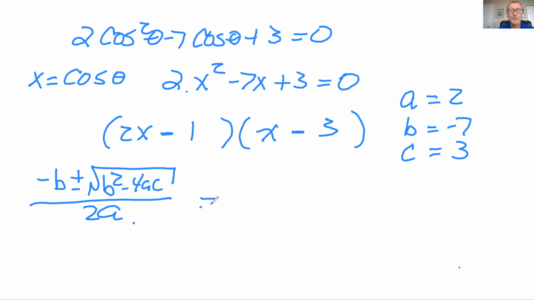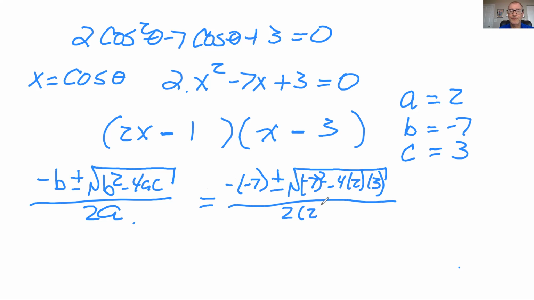And I'll show you that when we get there. So let's plug in the numbers, see what we get. So b is minus 7, so it'd be minus, minus 7, right? And that would be plus or minus the square root of 7 squared minus 4 times 2 times 3, all over 2 times 2.